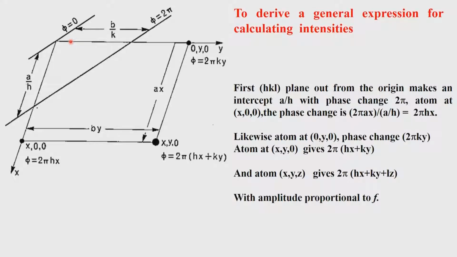But the general expression for calculating intensity is obtained from this diagram, in which I show a 2-dimensional projection, x along this direction and y along this direction. This is the angle between x and y, and of course, z is coming in a direction away from the plane of the projection.